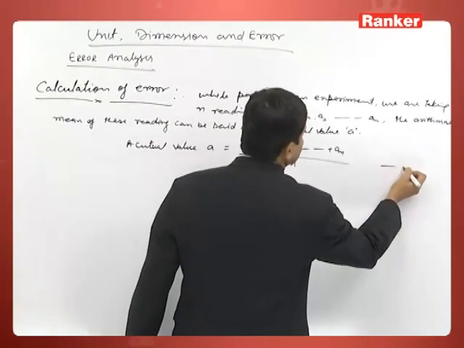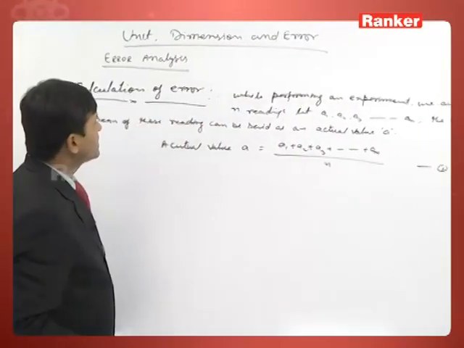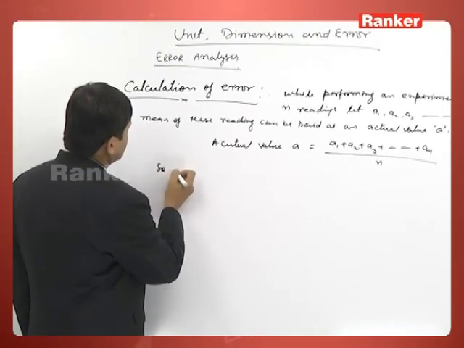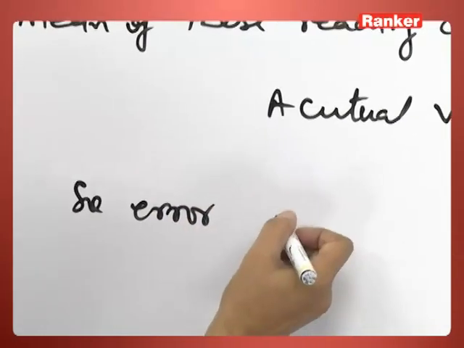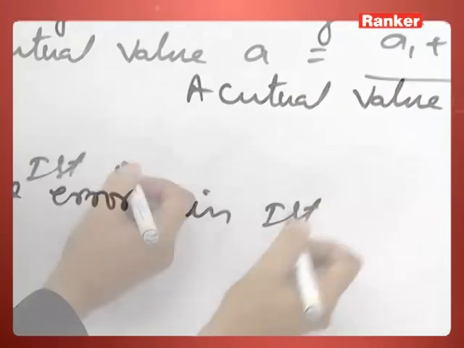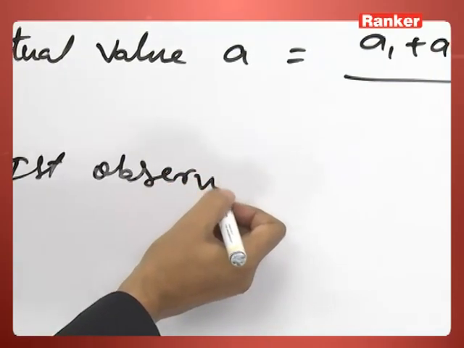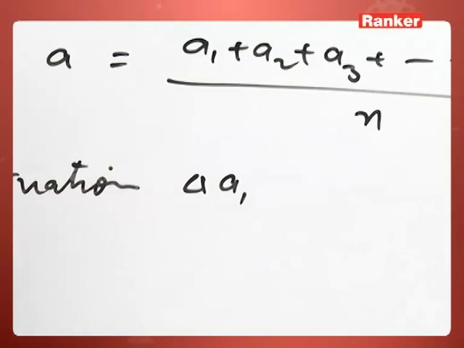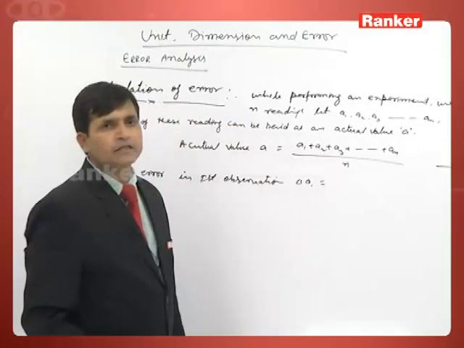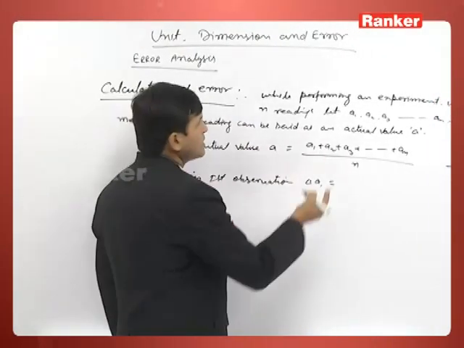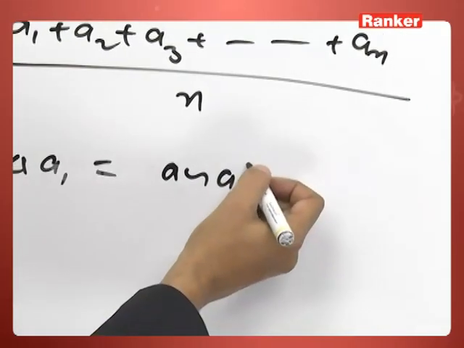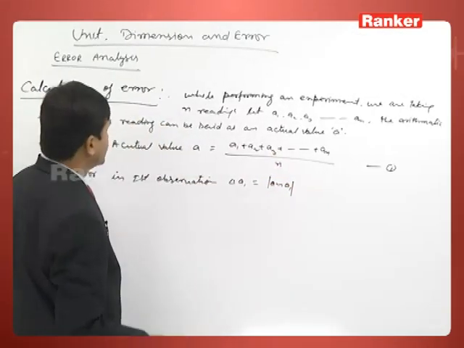Now, in the same way, the error in the first observation, delta A1, is nothing but the difference between the actual value A and the measured value A1, or we can say the modulus of this.